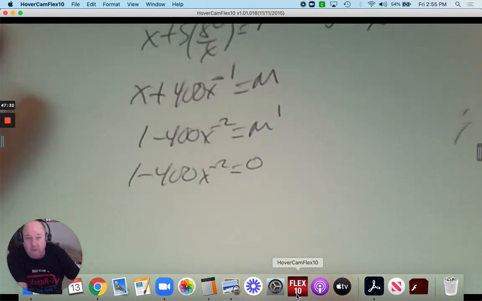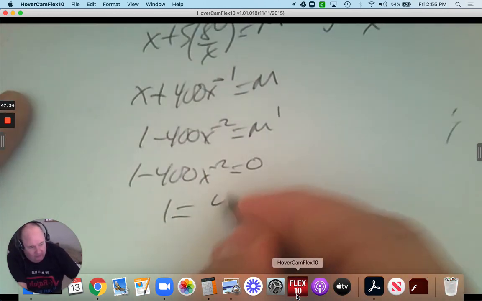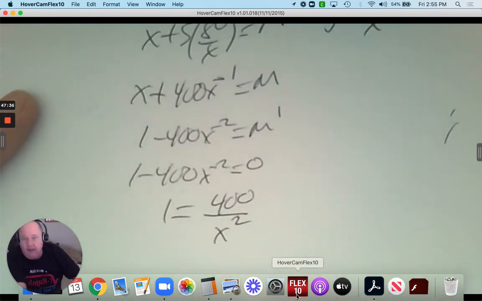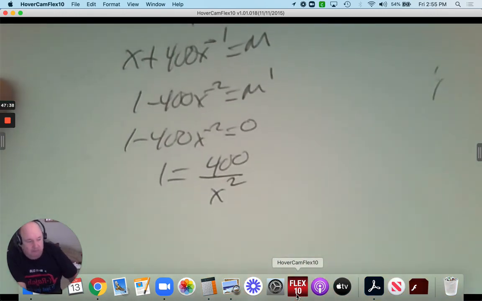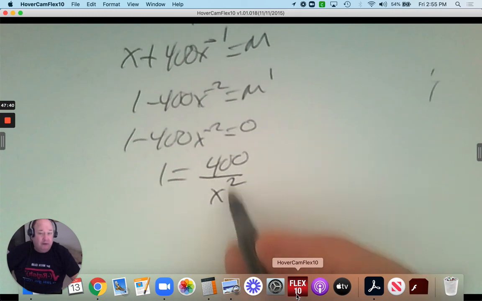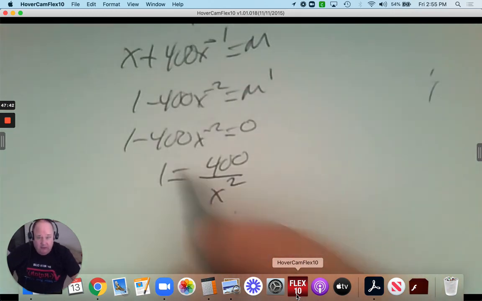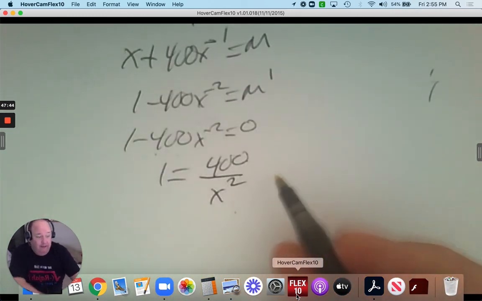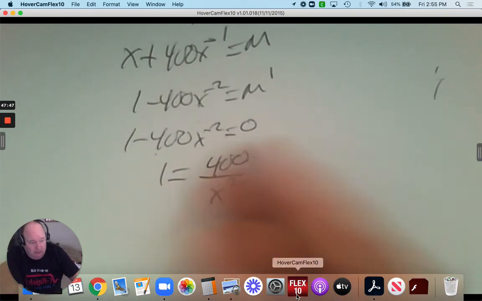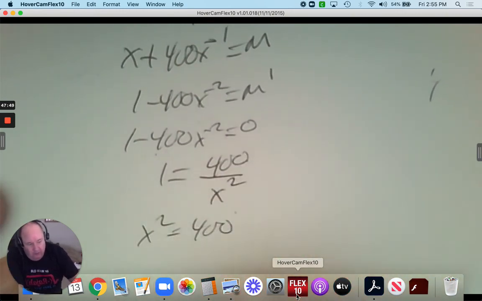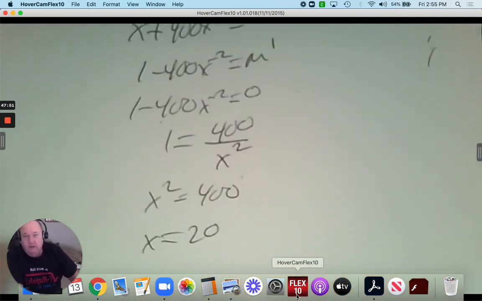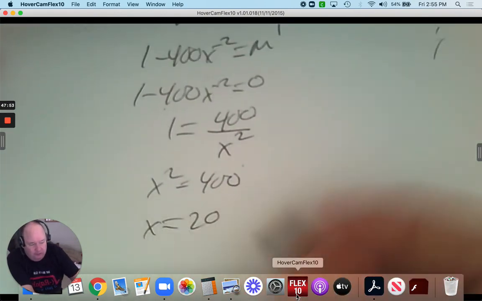So how I would solve it is I would add 400 x to the negative 2, which you write as a fraction, so x squared goes in the denominator. Then I multiply both sides by x squared. When you take the square root, the answer is 20, only the positive number.